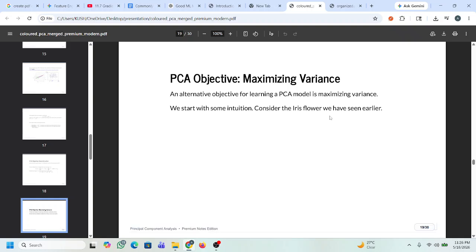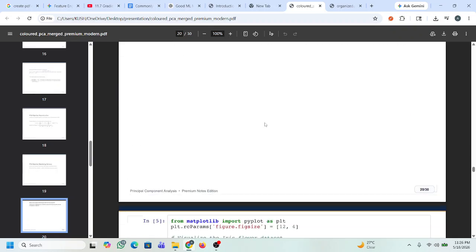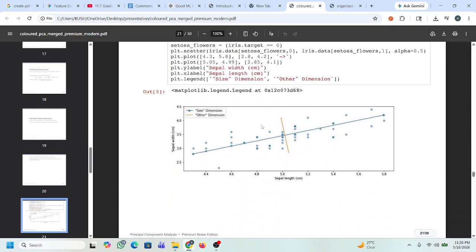Now coming to maximizing the variance. An alternative objective for learning a PCA model is maximizing variance. Let us see the iris dataset again. If I take this particular axis as my principal component, I get the maximum variation, meaning it captures the pattern of the maximum amount of data, while the perpendicular one, since they need to be orthogonal, does not capture that much.